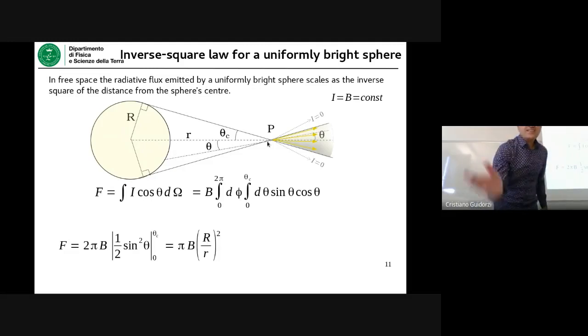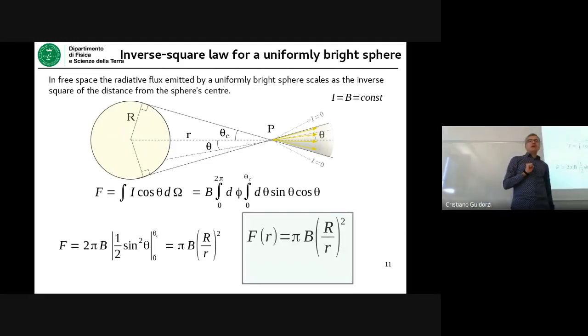So this guy is just R squared over r squared, because of the sine squared. So the flux, I remind you, is I, the value of I, which I took out of the integral immediately because I is constant within that domain. And so you immediately see two things. One is the one I wrote here: the flux scales as 1 over r squared.